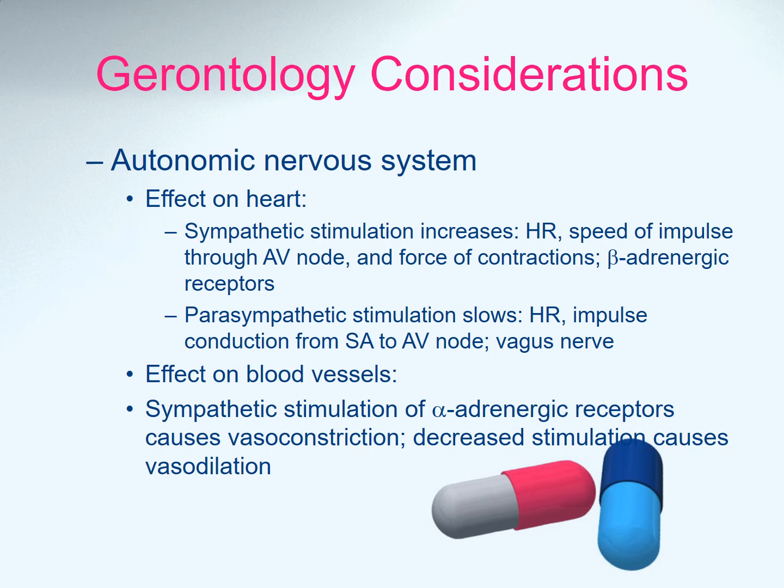The parasympathetic stimulation slows heart rate and impulse conduction from SA to AV node, via the vagus nerve. The effects on the blood vessels, as they age, they get hardened. So it's usually your older patients will have a higher blood pressure than the 120/80. Sympathetic stimulation of alpha adrenergic receptors in the periphery causes vasoconstriction, and decreased stimulation causes vasodilatation.